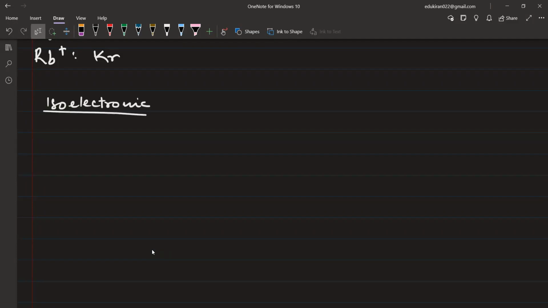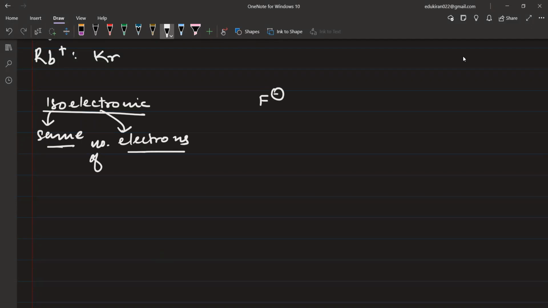So isoelectronic species. Iso means same. Electronic means same electrons. So when two species have the same number of electrons, they are isoelectronic. If you look at F negative, it has 1 more electron than fluorine. Simple fluorine has 9.